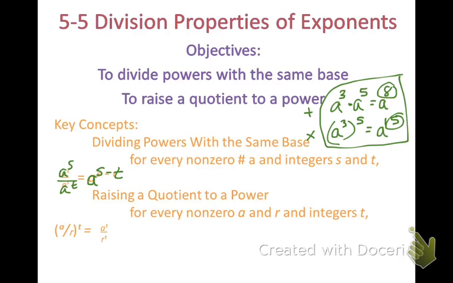So, if I did it the same way I have over here, I would have a cubed over a to the fifth. And so I would have a as my base, and then I subtract 3 minus 5, which is a to the negative 2 power.